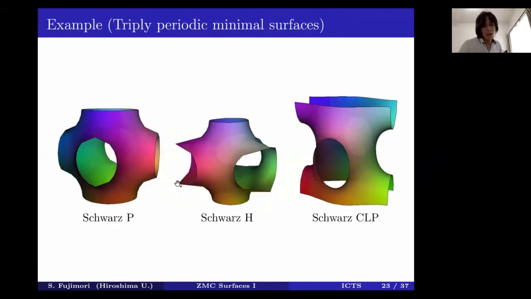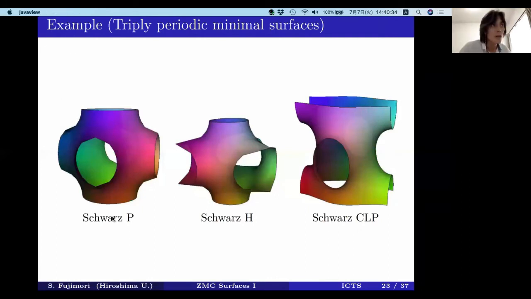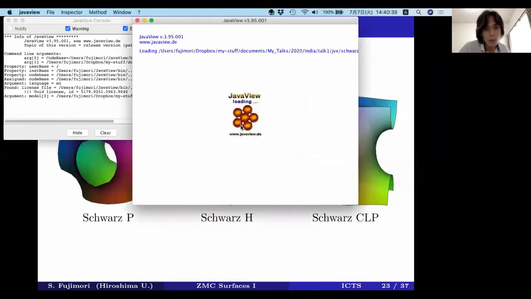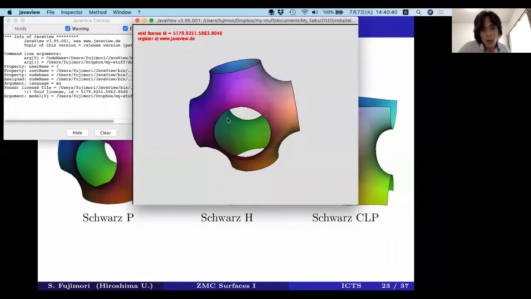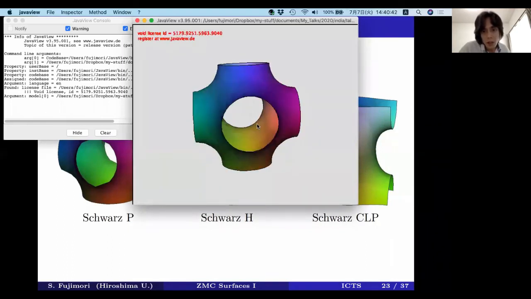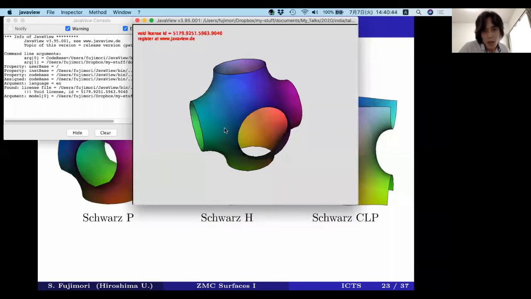Also, here are examples of triply periodic minimal surfaces. This is the classically known Schwarz P surface. All of them are Schwarz surfaces. Maybe this is one of the easiest to understand. So this surface is triple periodic.